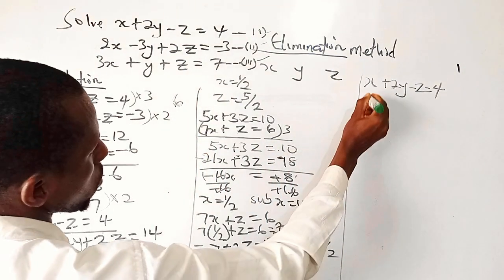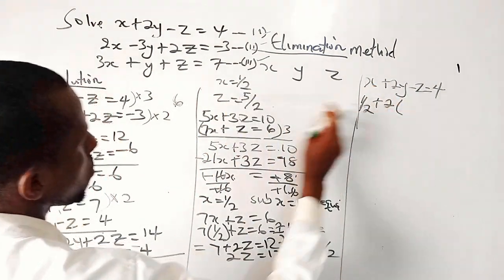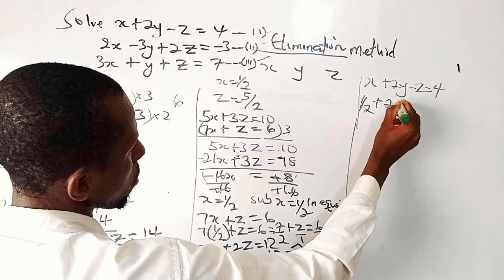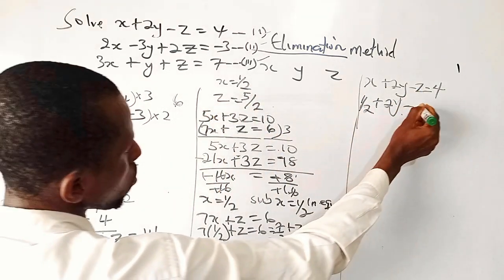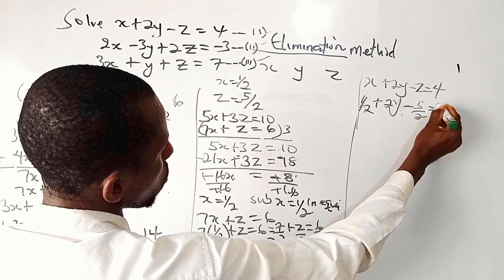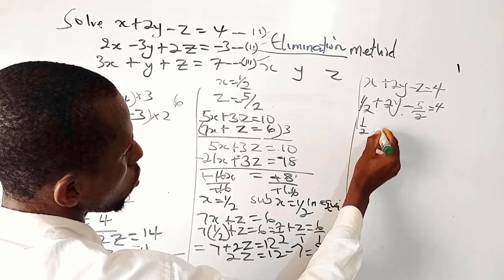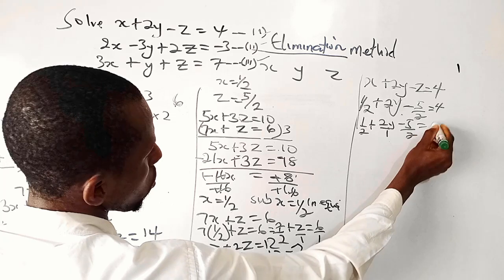For x as 1 over 2, plus 2 times my y, which is not given, so I have to determine that, minus my z, which is 5 over 2, equals 4. So here it states 1 over 2 plus 2y over 1 minus 5 over 2 equals 4.